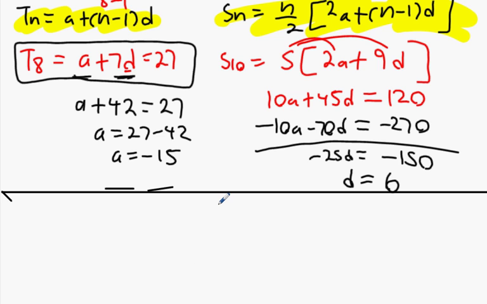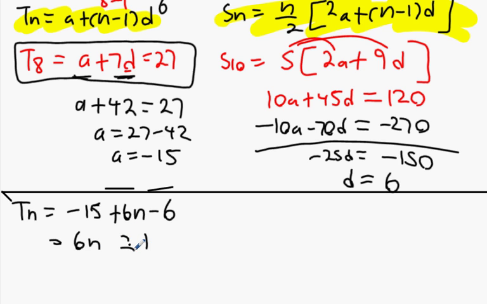It's A. What's the A value? Minus 15. And then the D value? 6. So 6 multiplied by n minus 1? 6n minus 6. And 6n minus 21. Tn is 6n minus 21.